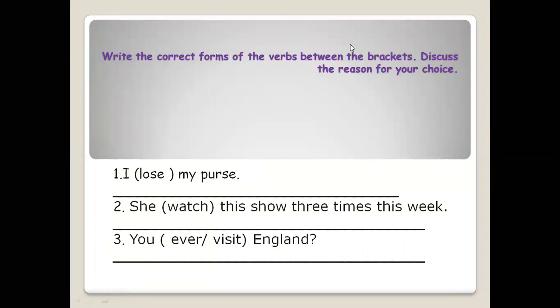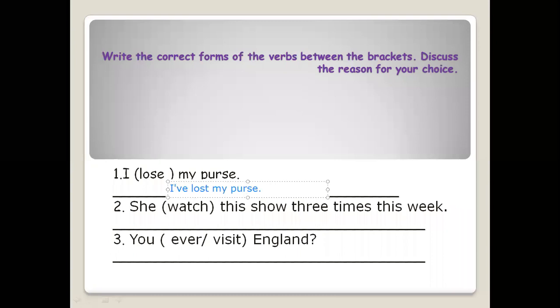That's why I will use present perfect. So I will answer it in this way. I will say, I've lost my purse, to emphasize the action itself, not the time. The time isn't important in this sentence.